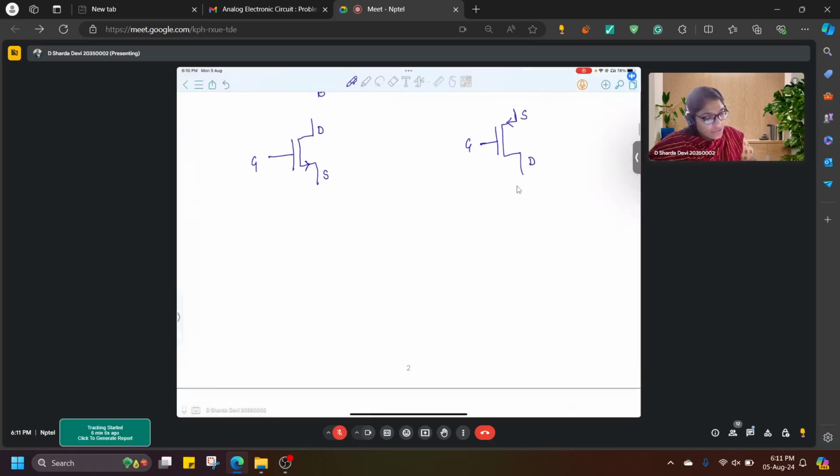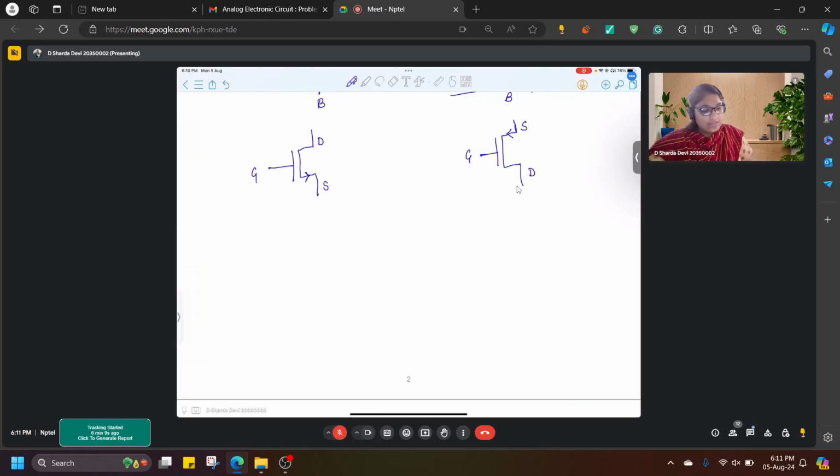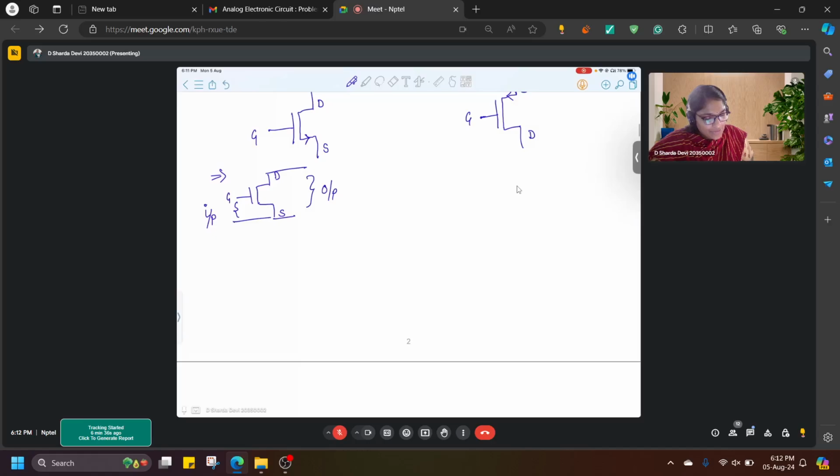Considering a normal MOS, this is the input port and this is the output port, correct? When you have one input port and one output port, there are characteristics that are possible.